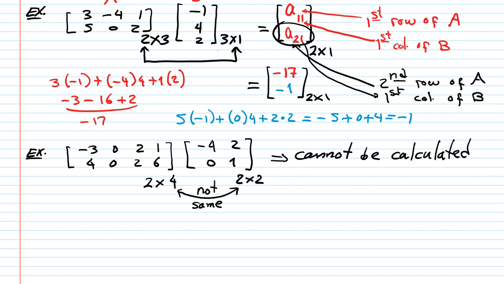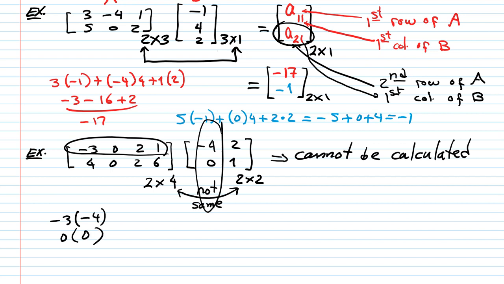Again, because it doesn't meet the requirement, the inside numbers must be the same. As I try to multiply, I'm going to go -3 times -4, no problem. Add to it 0 times 0, no problem. But then 2, see, 2 doesn't have one to multiply with here, neither does 1.